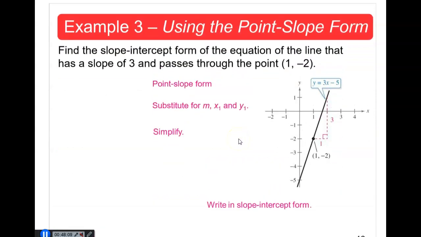Okay, so what we're going to do next for example 3 is we're going to find the slope-intercept form of the equation of the line that has a slope of 3, and it passes through the point 1 comma negative 2. And so slope-intercept form, I want to remind you, is the one that looks like this. y equals mx plus b. That's the slope-intercept form.